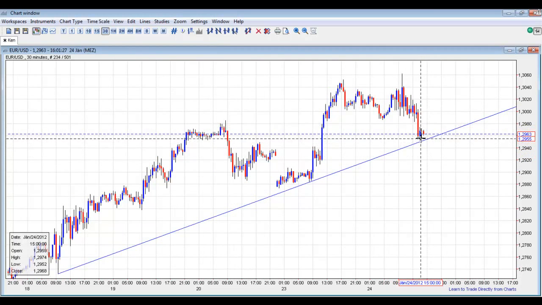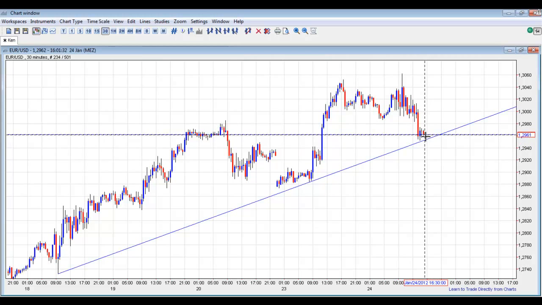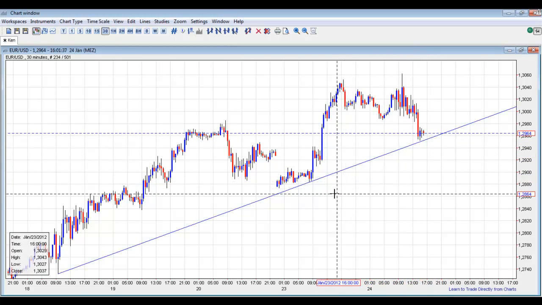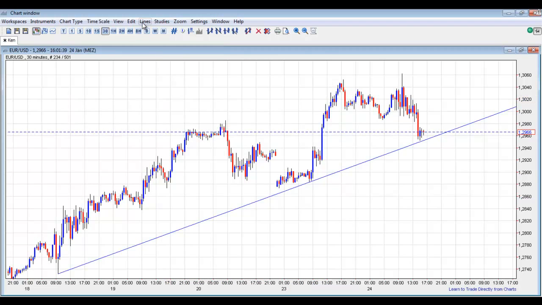Okay, so not only did we want to identify and locate a trade around this specific area, we also utilized our other concept, the Fibonacci.